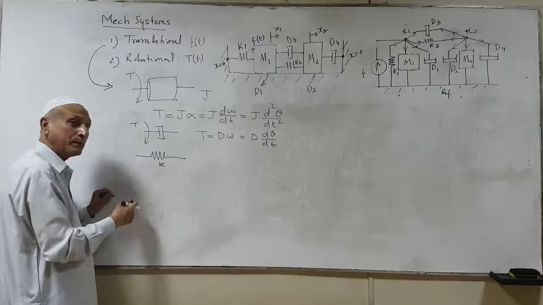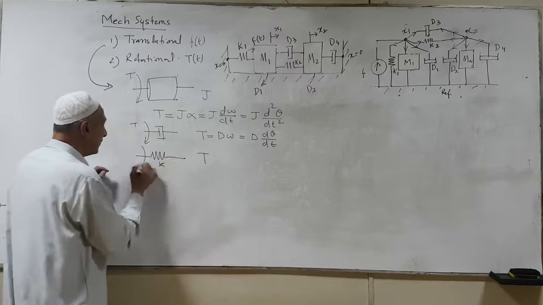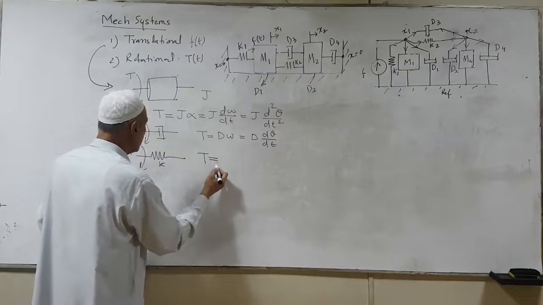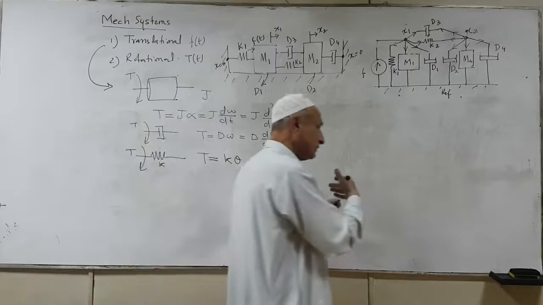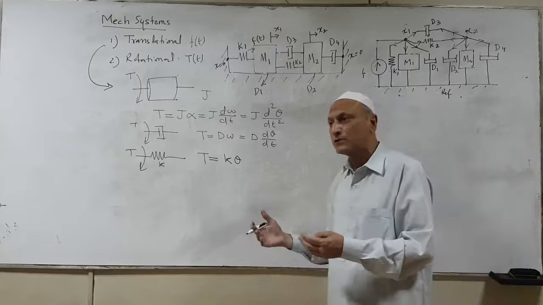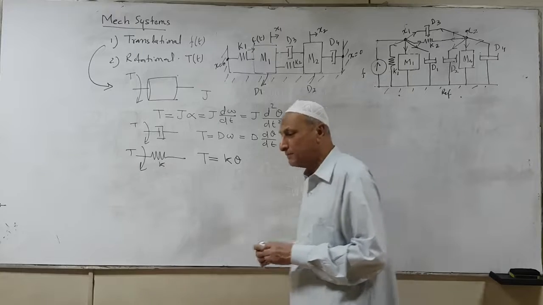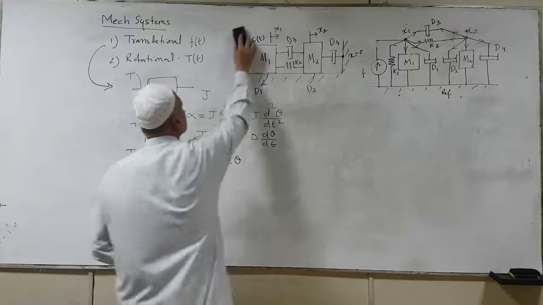And a torsion spring, we can use that terminology over here. So the torque, when we apply torque over here, is simply equal to k times theta. So these are synonymous to the translation elements, with a little bit of difference, of course, in terms of operation.